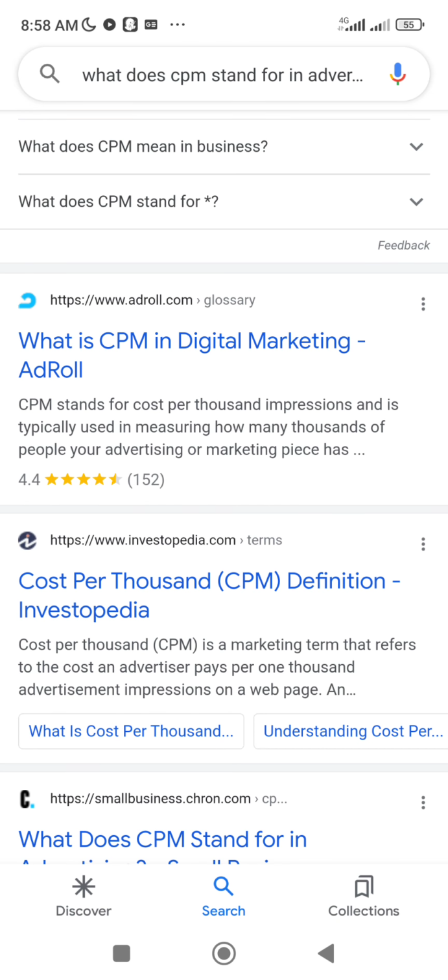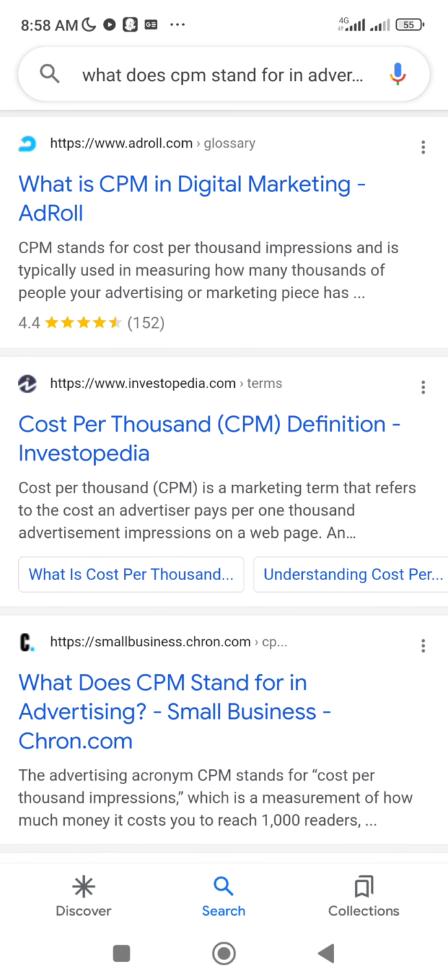Cost per thousand, CPM definition, Investopedia. Cost per thousand, CPM, is a marketing term that refers to the cost an advertiser pays per 1000 advertisement impressions on a web page.